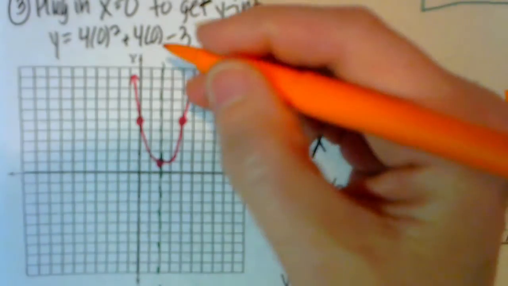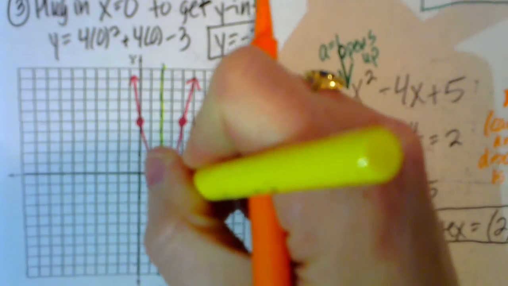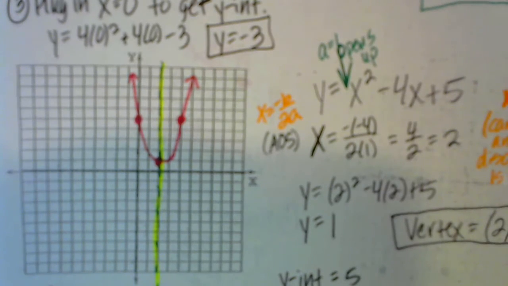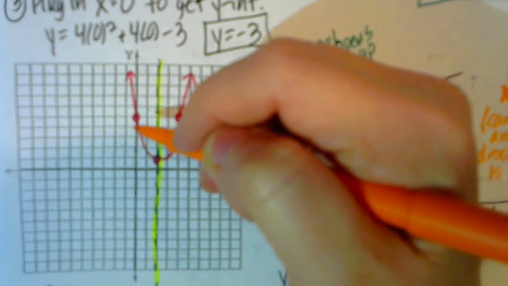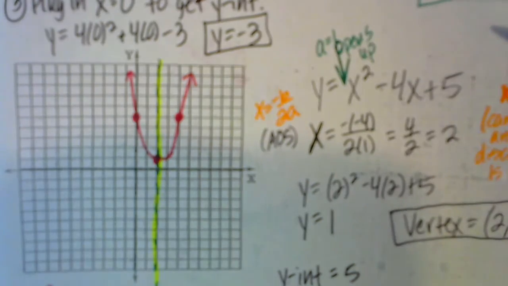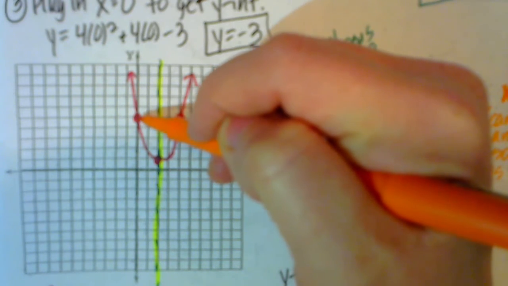This is when understanding the axis of symmetry is going to mean a shortcut for you. If I know that that line cuts my parabola into 2 equal halves, then any point on the right side has to be symmetric to the left side. So I know that I have a y-intercept at 0, 5.